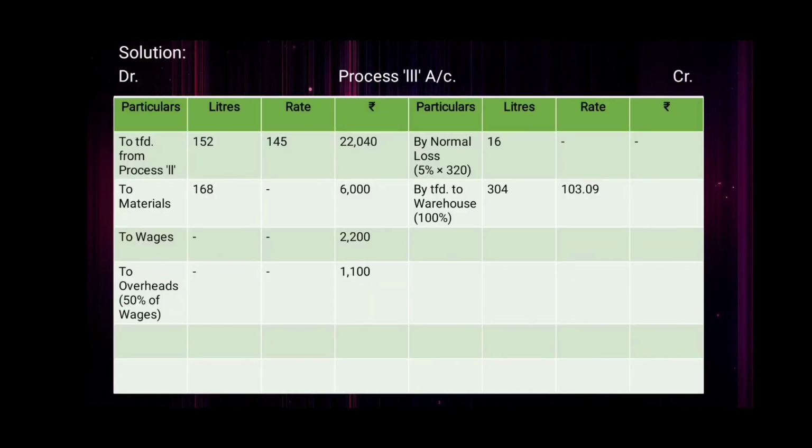So we'll record the rate 103.09. So the total amount will be 31,340. Now let us take total of both the side. 320 liters and the total amount will be 31,340.